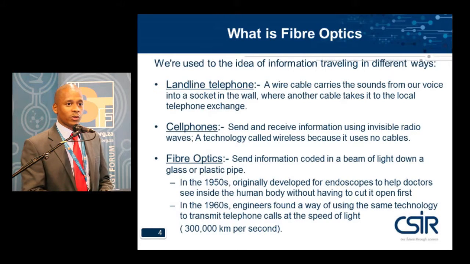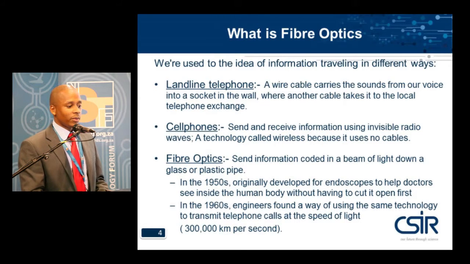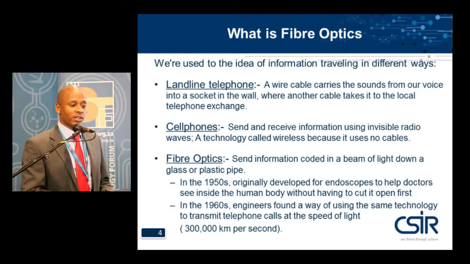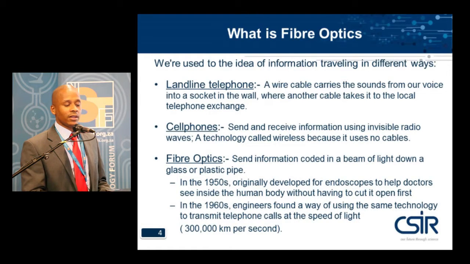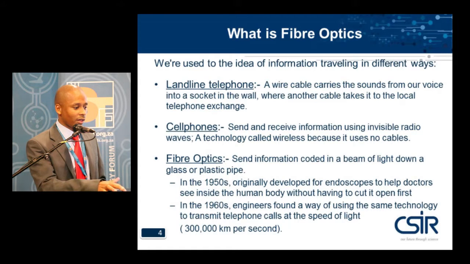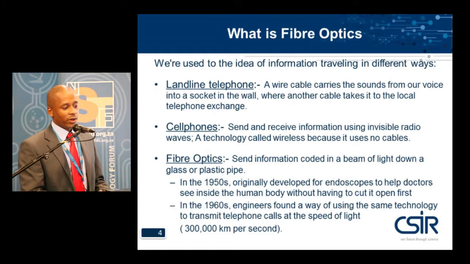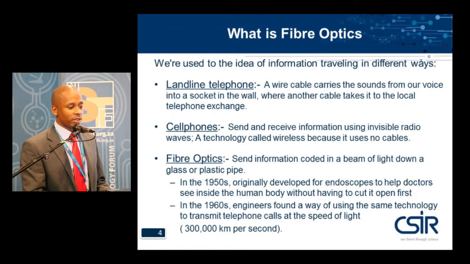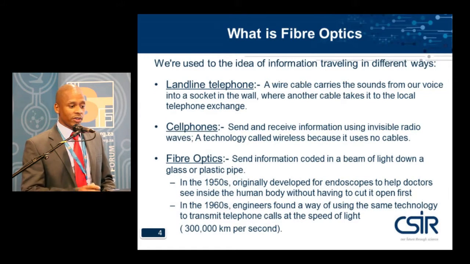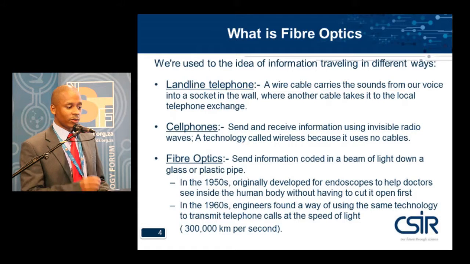We also have cell phones, which send and receive information using invisible radio waves. We call it wireless technology because there are no cables. What we have now is fiber optics, where we're able to send coded information in a beam of light down a glass or plastic pipe, which is fiber optics.